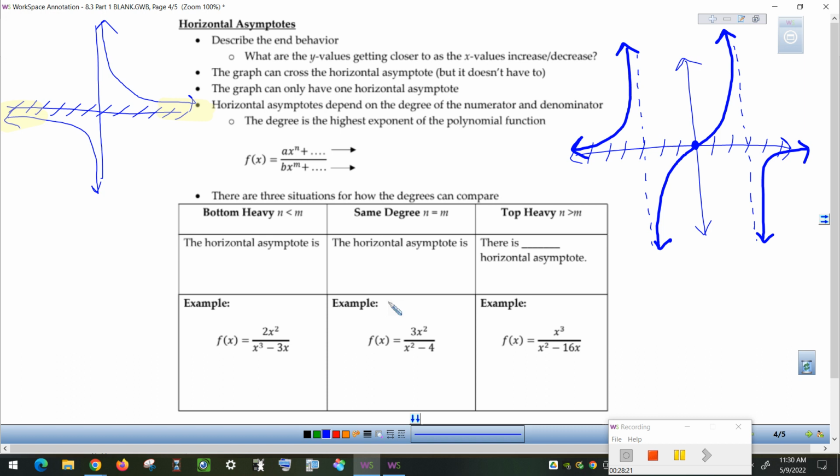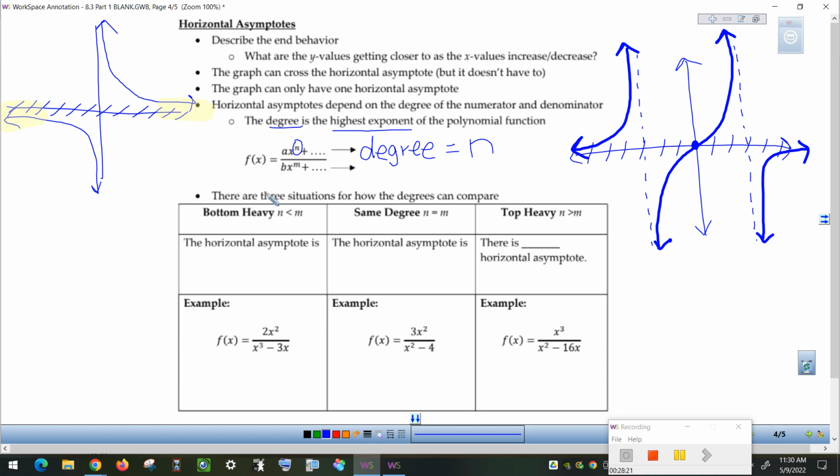Remember back from chapter 5, when we first learned about polynomials, we saw that degree is just the highest exponent of the polynomial. On the numerator here, we're going to pretend it's a times x to the n. There may or may not be other terms behind it, but let's say that this n is the highest exponent on the numerator. So we're going to say that the numerator has a degree of n.